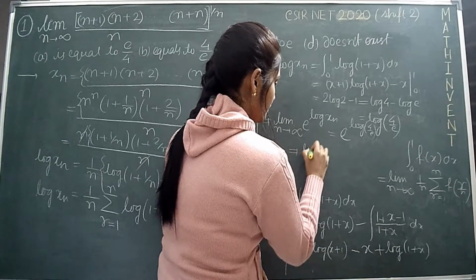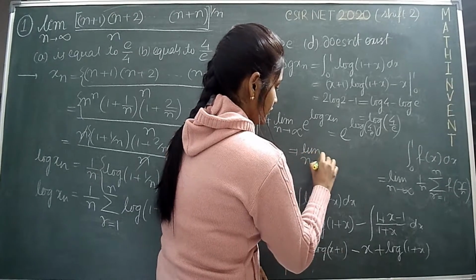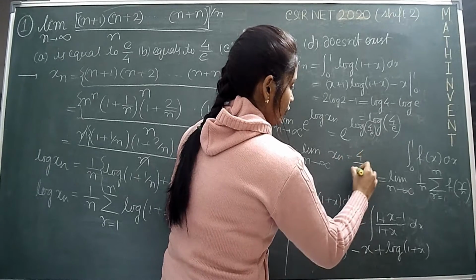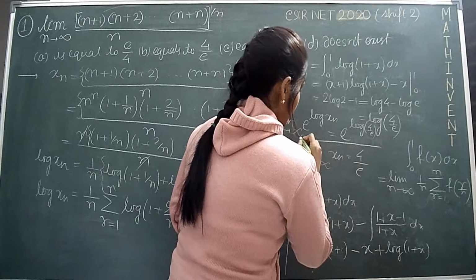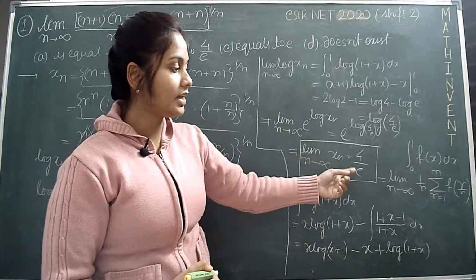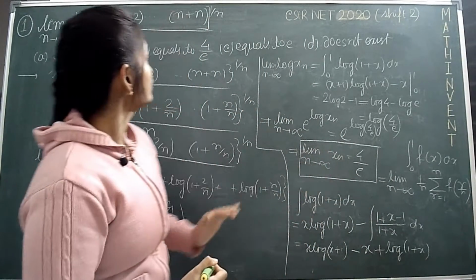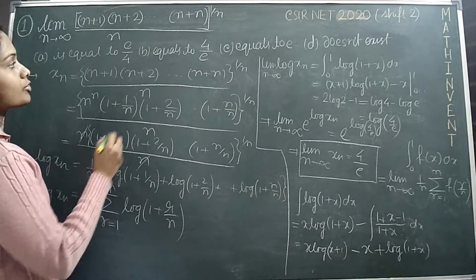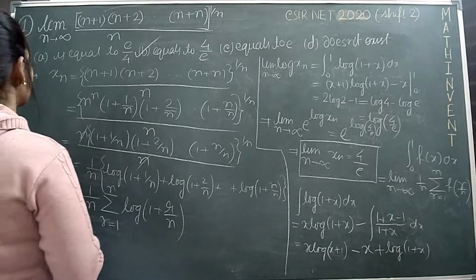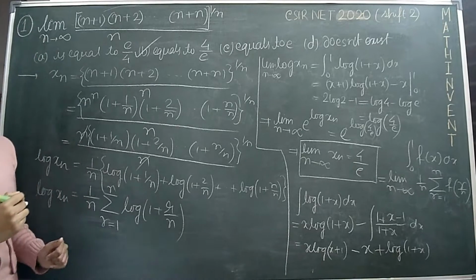So from here we will have the limit of xn as n tends to infinity equals 4 by e. So this limit will exist and it will be equal to 4 by e. So here the correct option is option B. Okay. So we have done the first question.